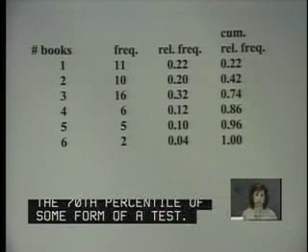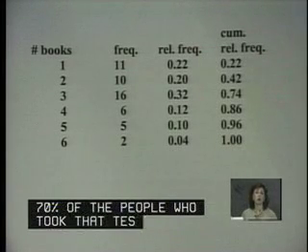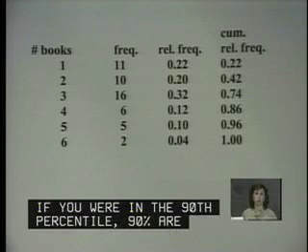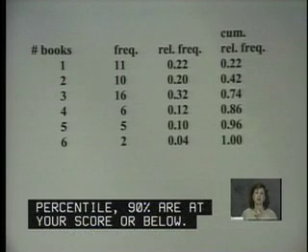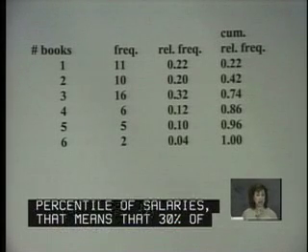What that means is that 70% of the people who took that test were at your score or below. If you were in the 90th percentile, 90% are at your score or below. If you were in the 30th percentile of salaries, that means that 30% of the salaries are your salary or below.